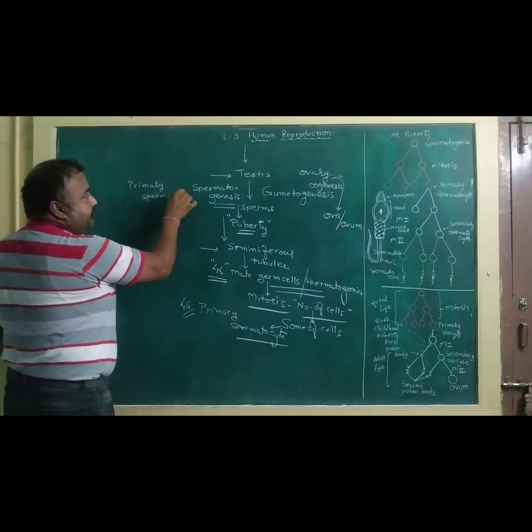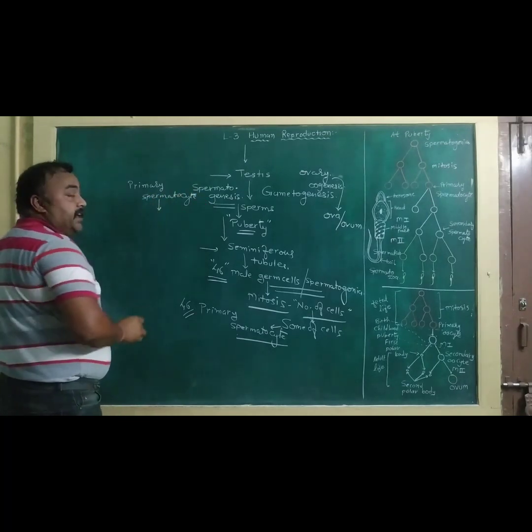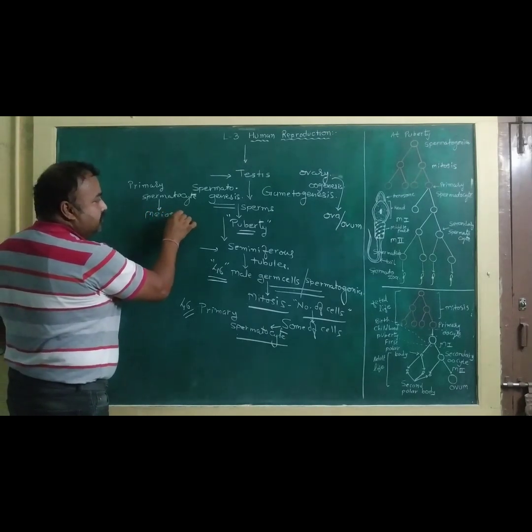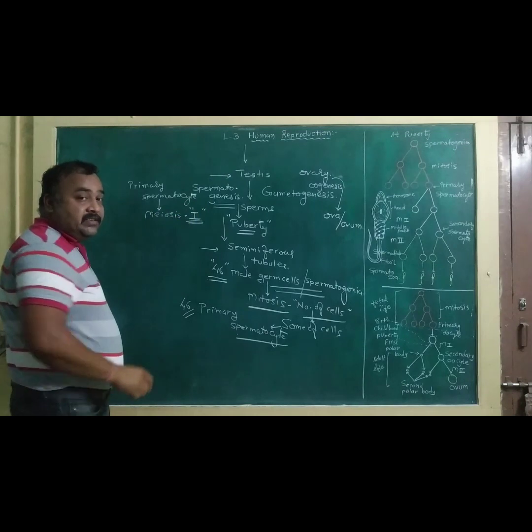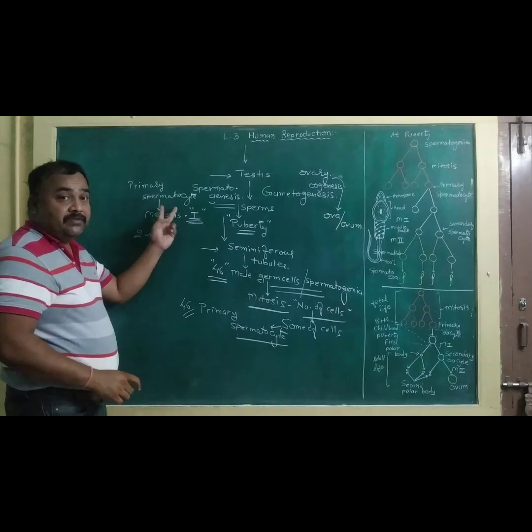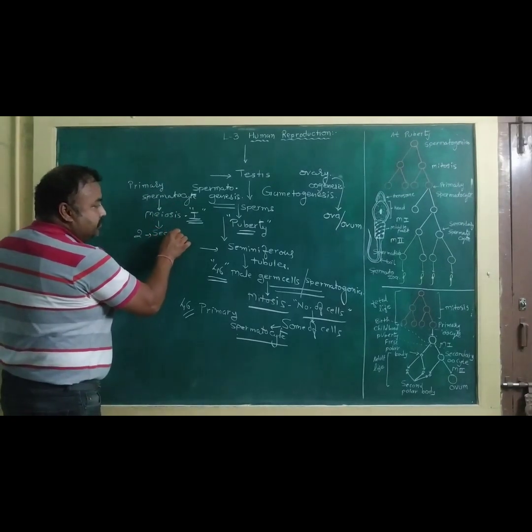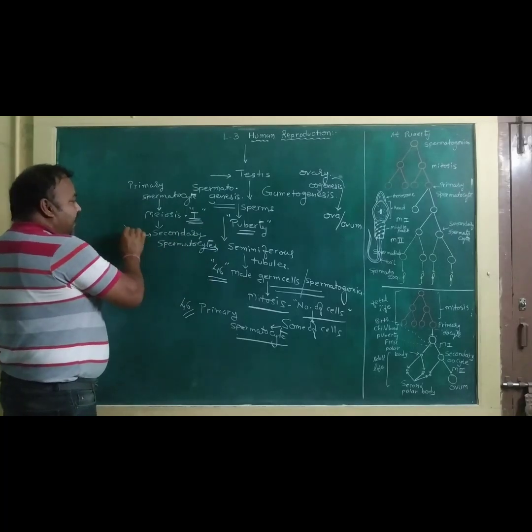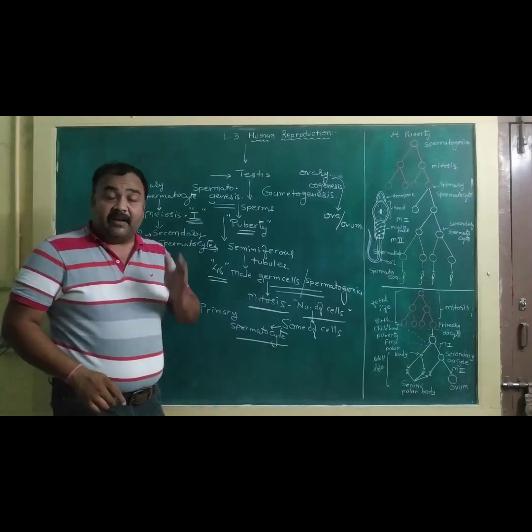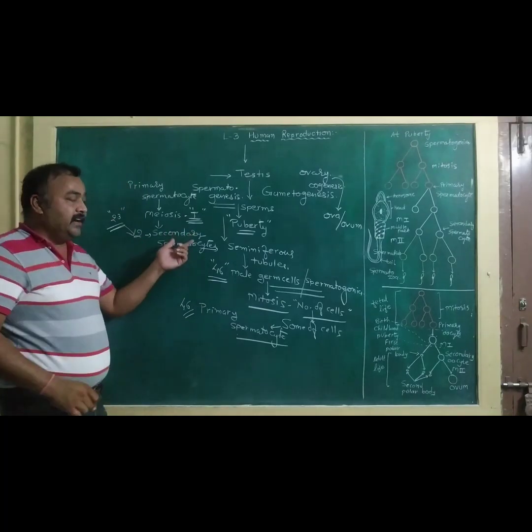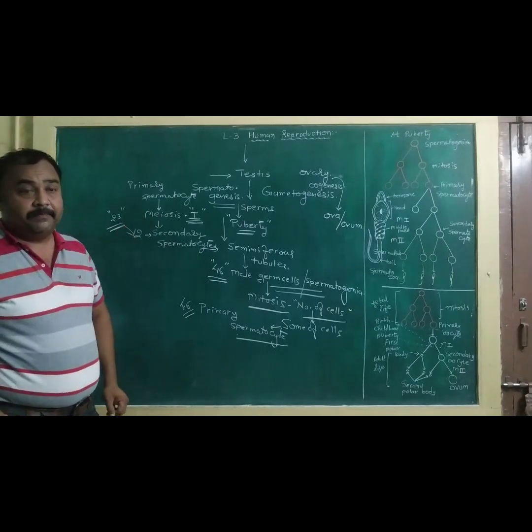Primary spermatocyte, after some time, enters into the first meiotic division, that is meiosis 1. As a result, 2 secondary spermatocytes are produced from every primary spermatocyte. As they are produced by the reduction division, that is meiosis 1, the number of chromosomes in each secondary spermatocyte will be 23.